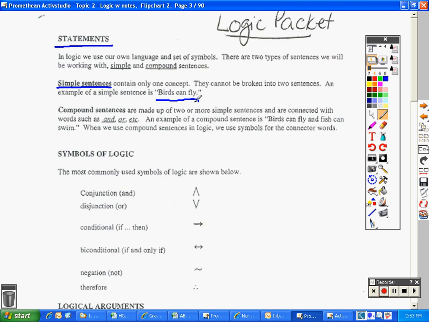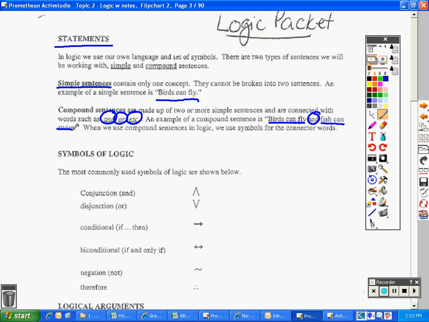Compound sentences are where we take the simple sentences and we put them together with words like and, or, etc. But we really use and, or. An example of a compound sentence would be birds can fly and fish can swim. This is one simple sentence joined to another simple sentence.